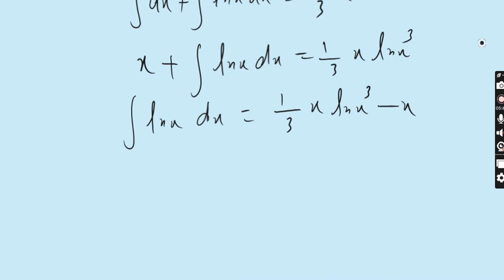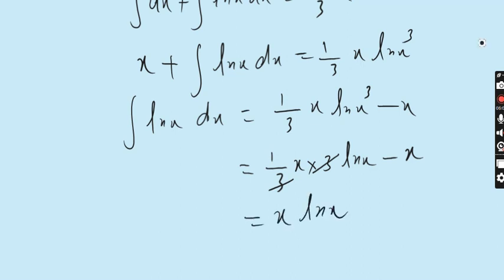And before I apply the limit, I can simplify it more. Power right before the log: 3 ln x minus x. 3 cancels by 3. It is x ln x minus x.